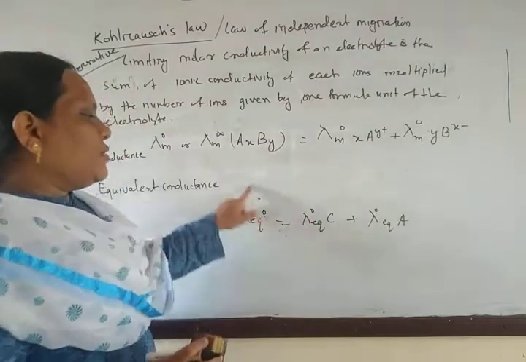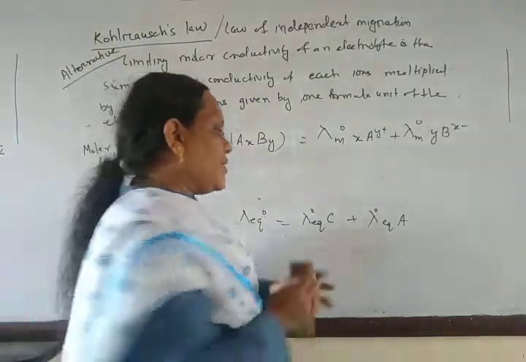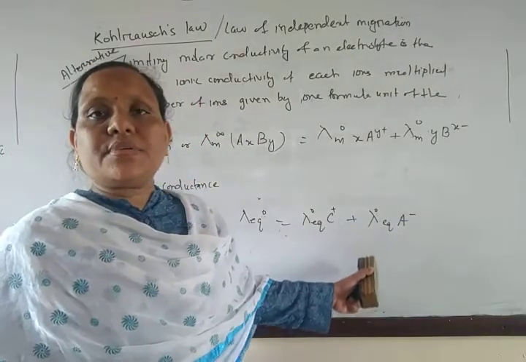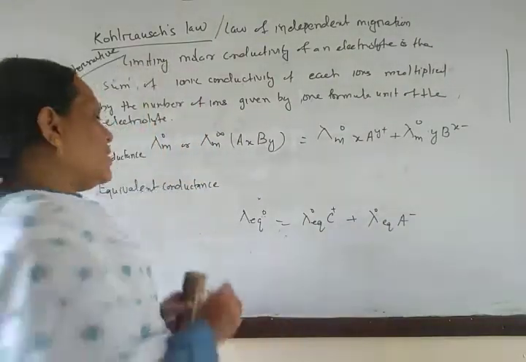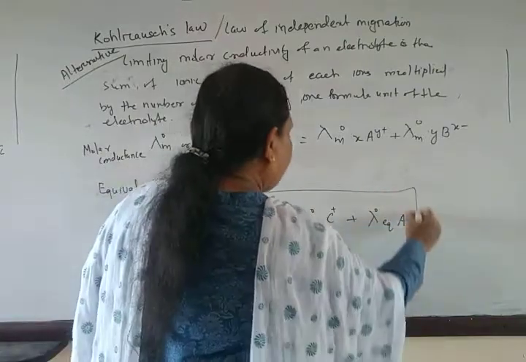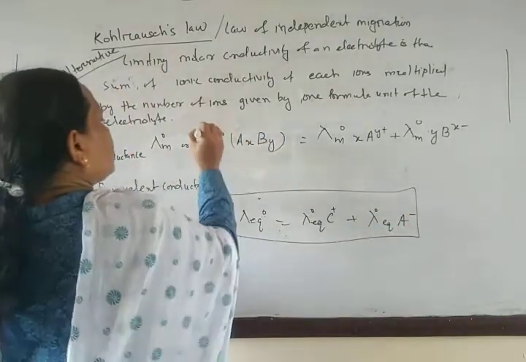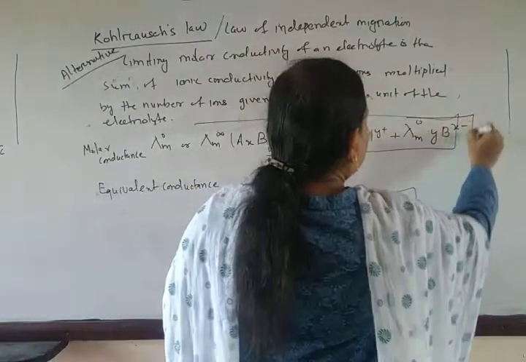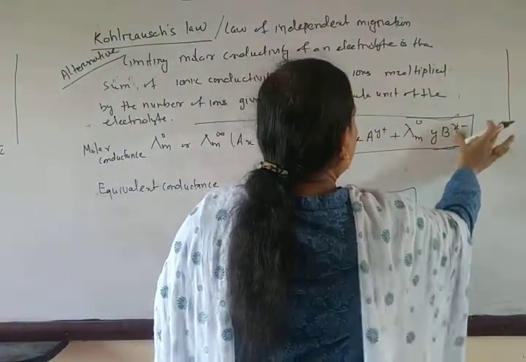So lambda E naught equals lambda E cation, C plus, plus lambda E anion, A minus. C stands for cation, A stands for anion. This is the mathematical formula of Kohlrausch's law.